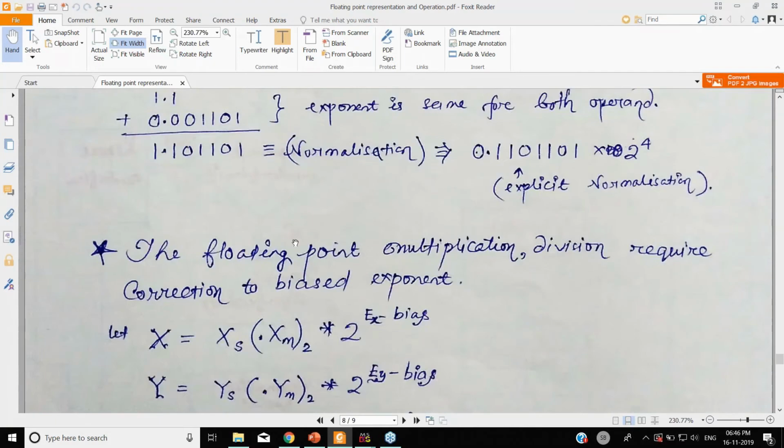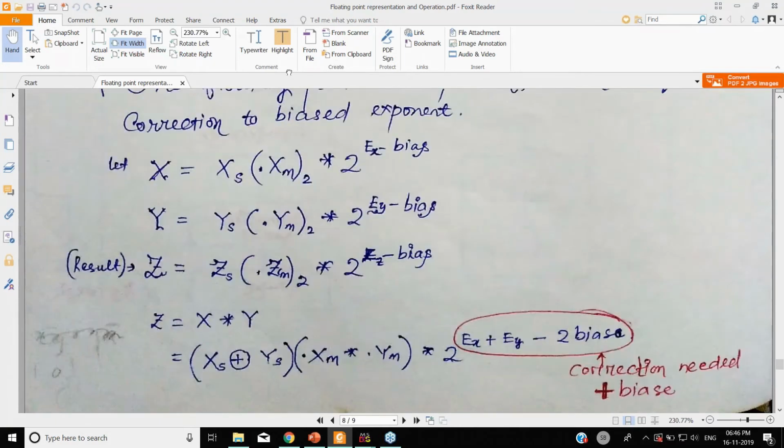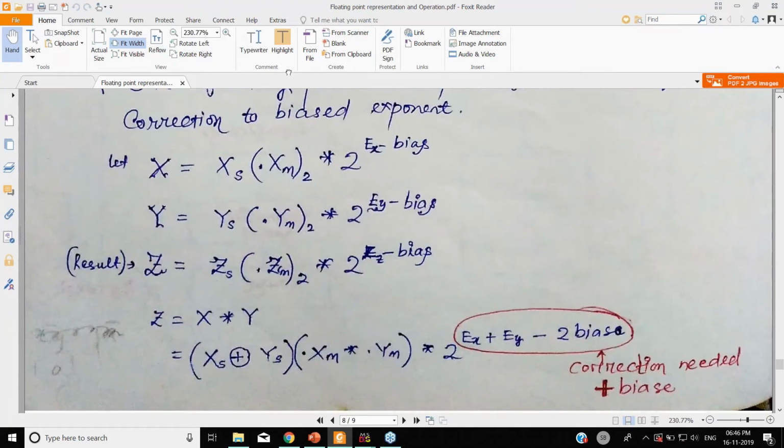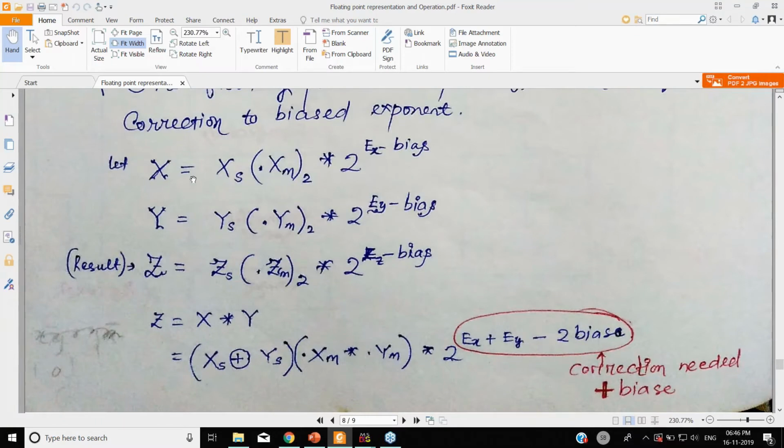For multiplication, what you need to do? You take two numbers, let's say x equal to xx plus xn to the base 2 into to the power ex minus bias. This is the representation of a typical number. Another number is y.